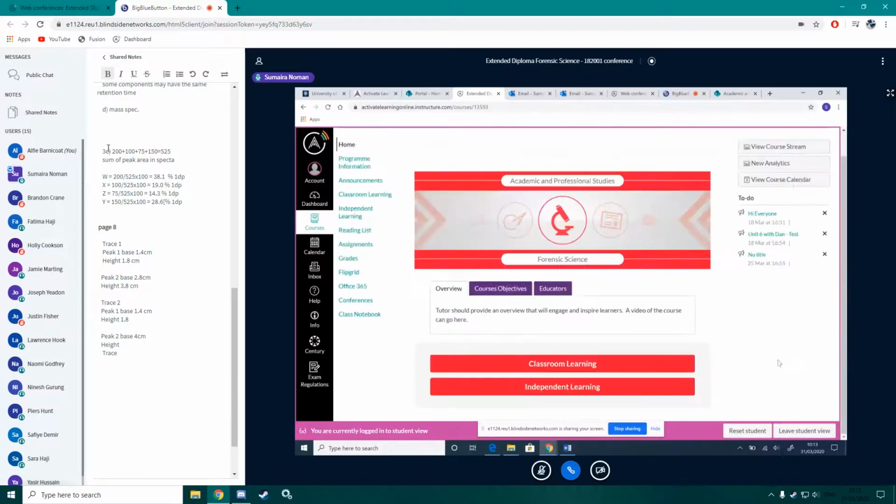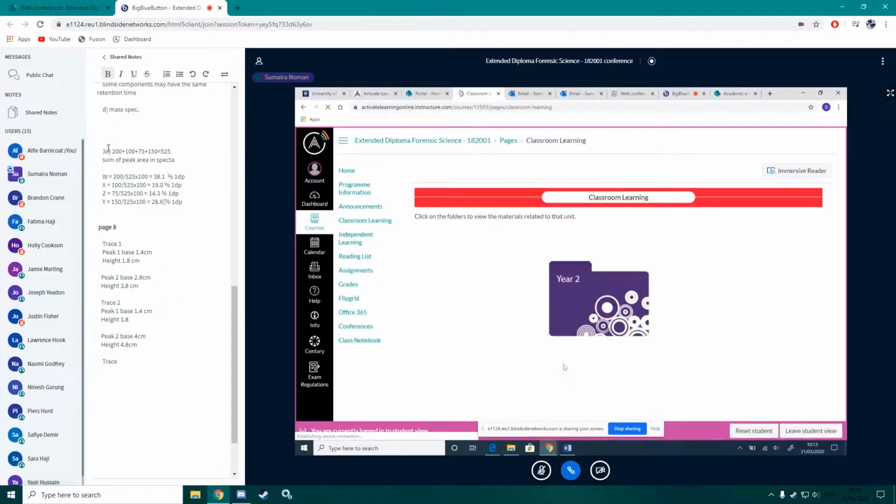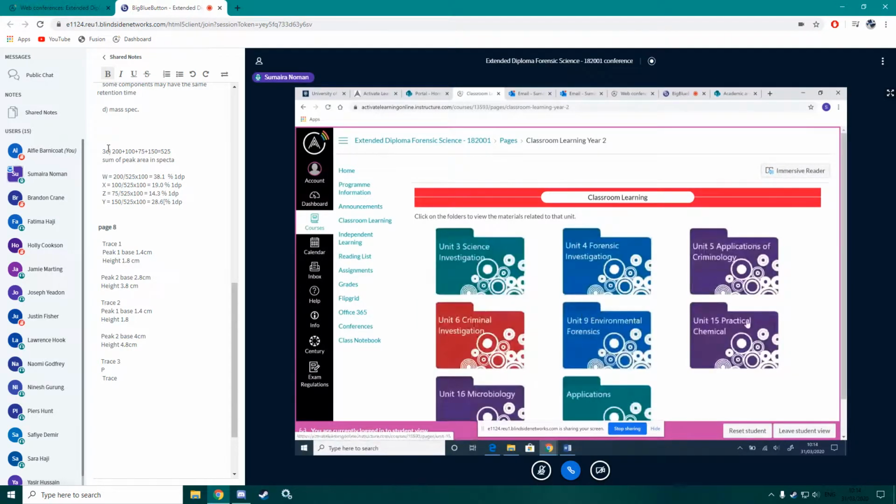Then I could go to classroom learning, year 2, and it should have Unit 15, which is this one. I'm just going to put it in classroom resources at the moment.